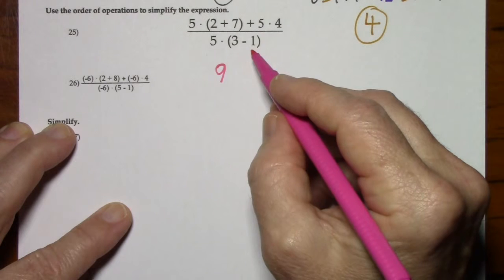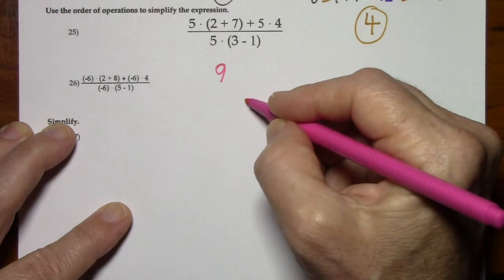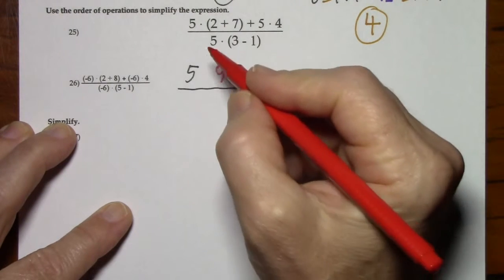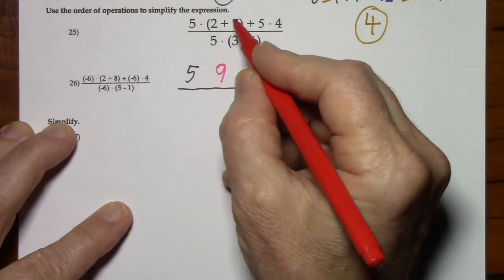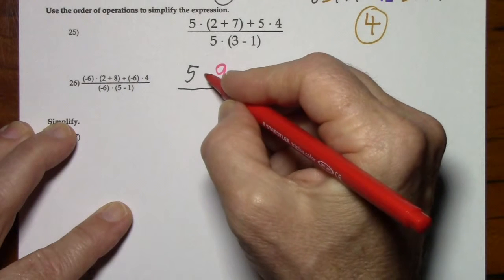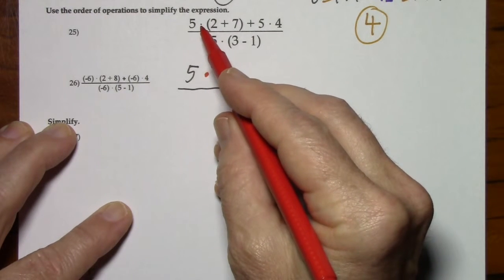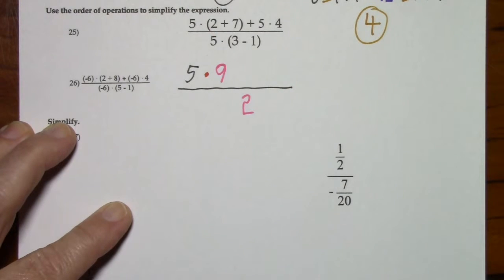And here within parentheses, positive 3, negative 1 leaves us with 2. And now I'll bring down everything I haven't touched. Preserve this operation. It's 5 times whatever happens in the parentheses. They put a dot here, but it's not required. If you have a number next to parentheses, it means to multiply.